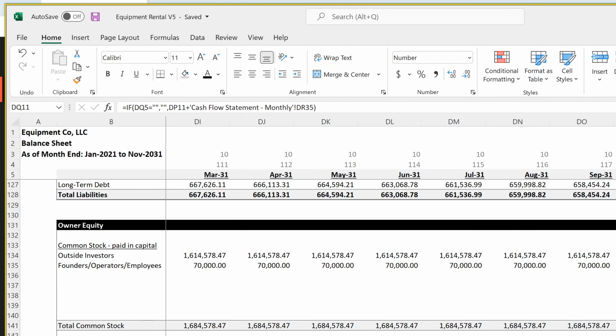Which one? Assets are 18.6. So liabilities and equity is what's lower. Is it retained earnings? Maybe somehow it's showing in the cash, but it's not showing in retained earnings. That's possible.